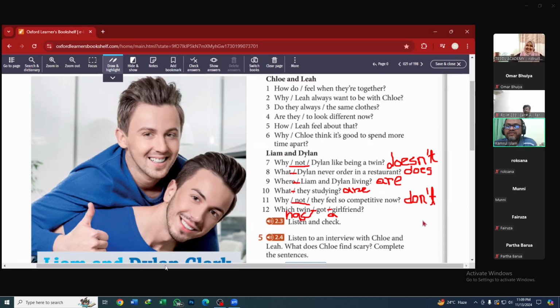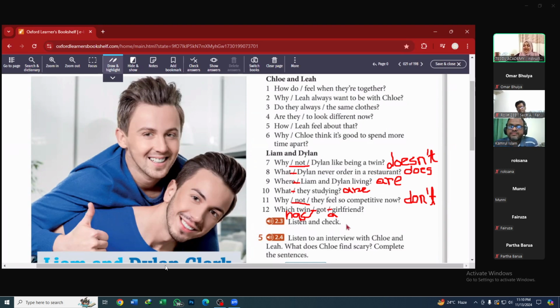That's why they don't feel so competitive. Very good. Excellent. They don't feel so competitive now because they are both living in different cities and leading different lives, and separately they're enjoying their own lives. That's why they don't feel competitive anymore.